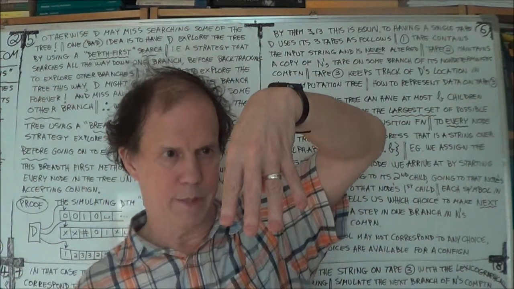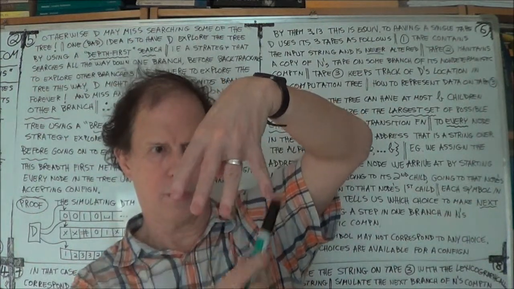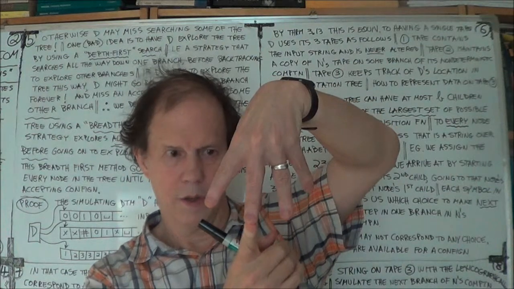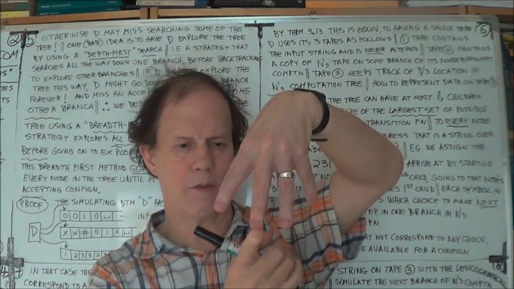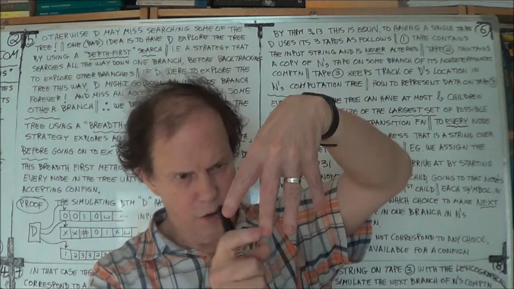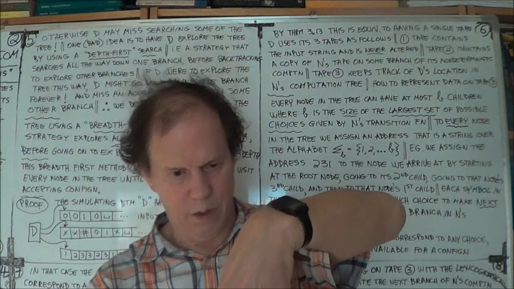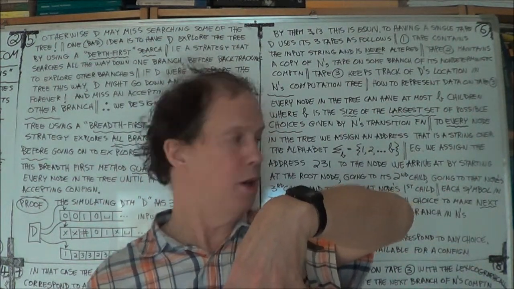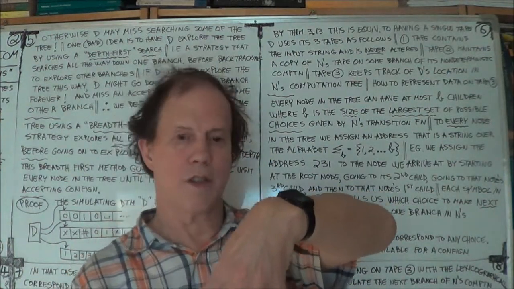Now look at it from your perspective. Here's the root node, and then you go 2. So it's 1, 2, 3, 4. So 2 would take you to this child node here. And then the next one is 3. Relative to this node here, it could have maximum 4 children, and the next digit in the address is 3.